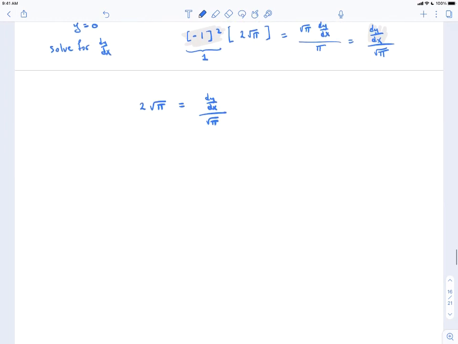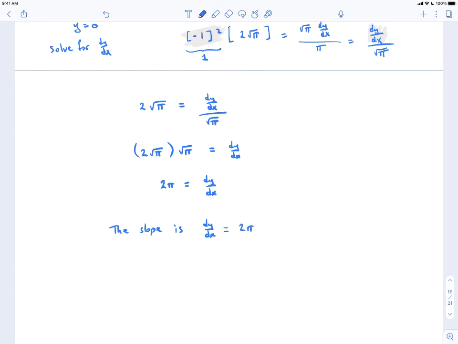So now we can just multiply by square root of pi on both sides, and that will give us dy/dx. Of course, the square root of pi times the square root of pi is pi. So 2 pi is equal to dy/dx. So the slope is dy/dx equals 2 pi.